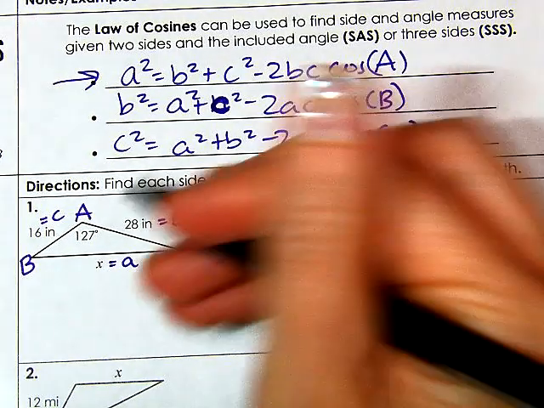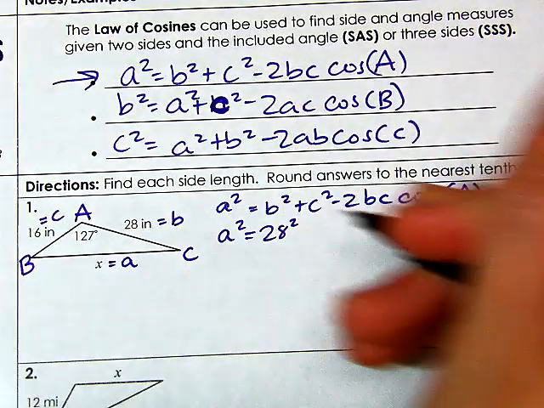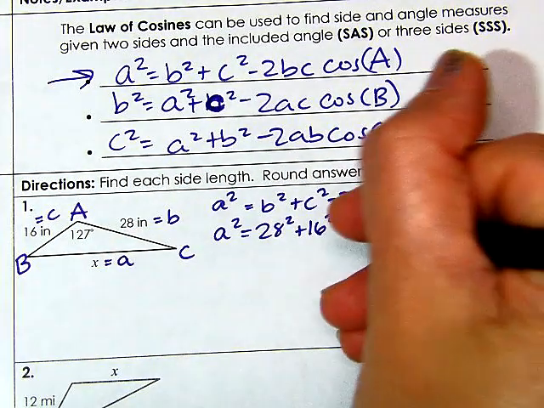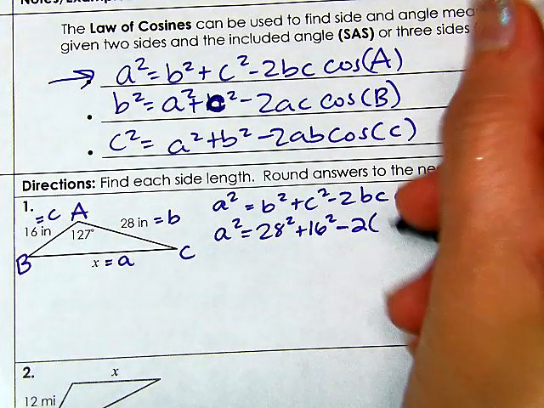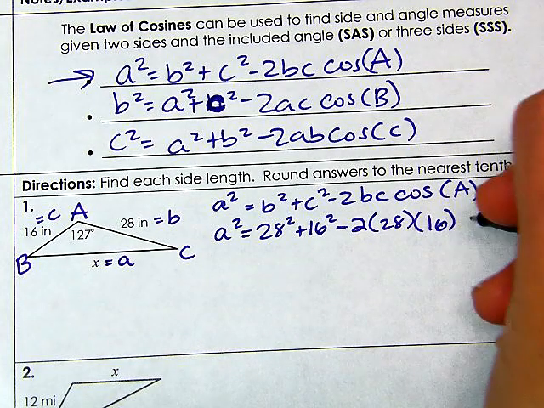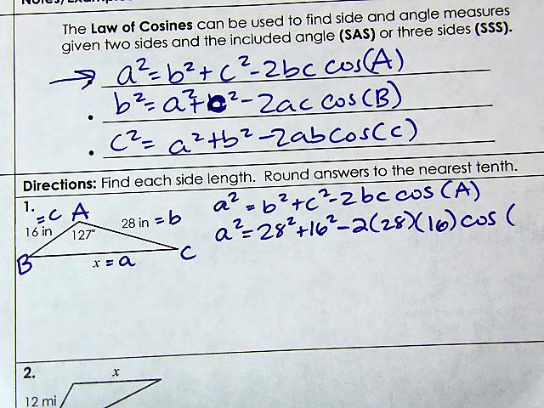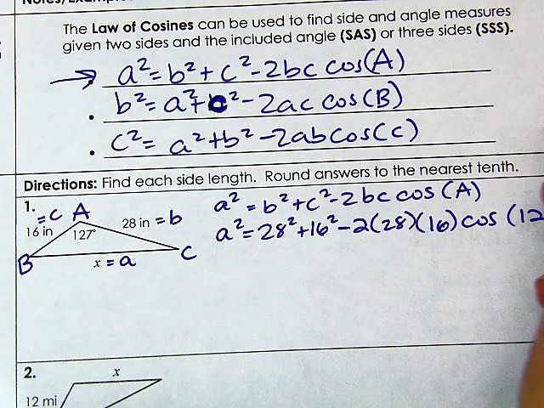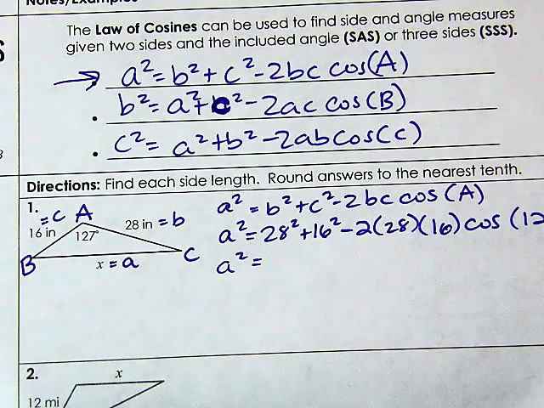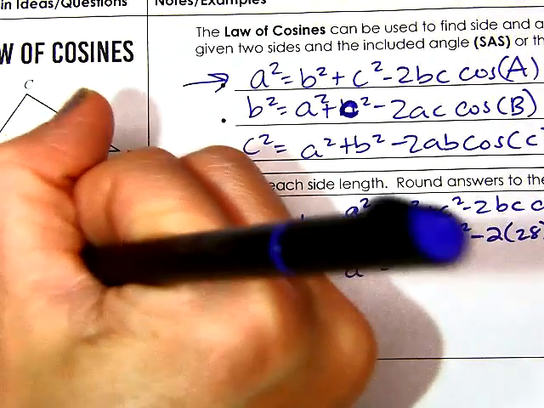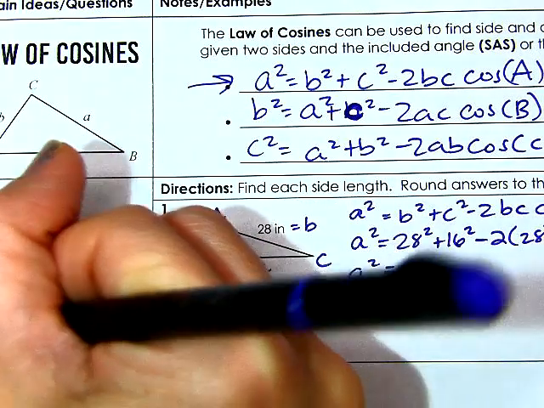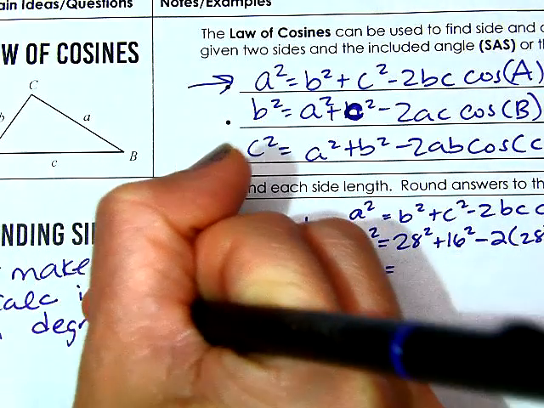And that's going to equal B squared, which is 28, plus C squared, which is 16, minus 2 times side B times side C times the cosine of angle A. Angle A is 127 degrees. At this point, I'm just plugging in my calculator. But always, always, always make sure your calculator is in degrees.